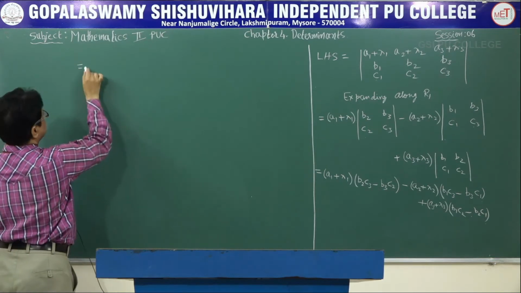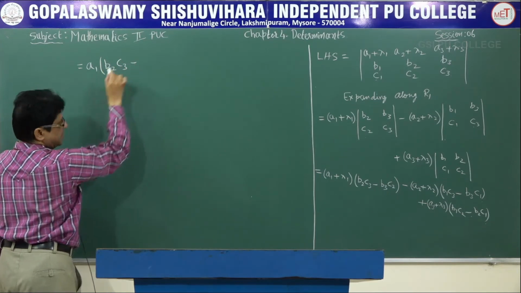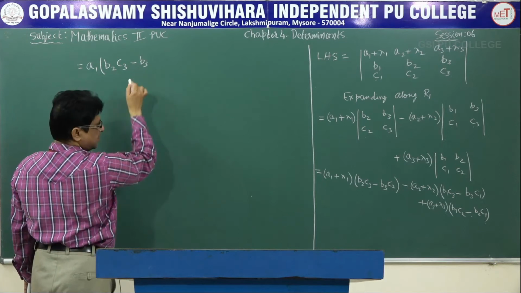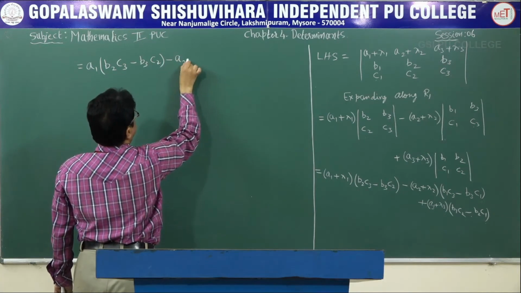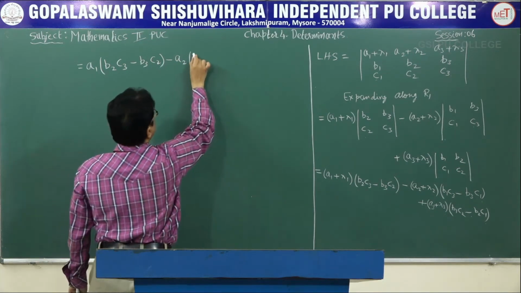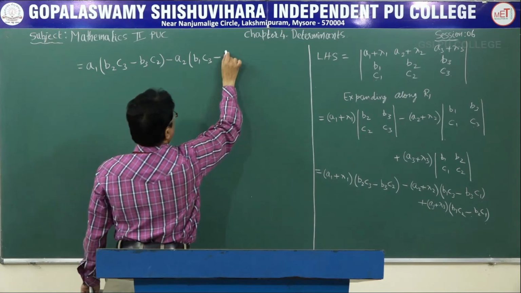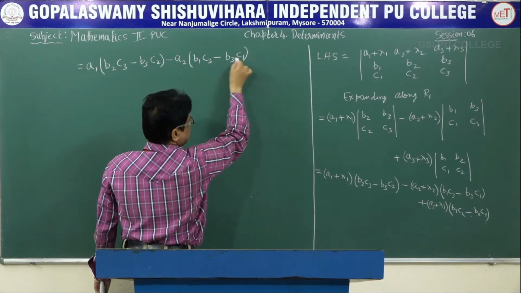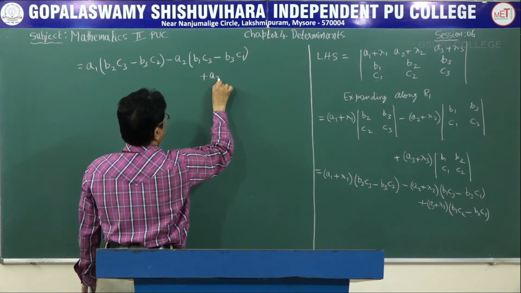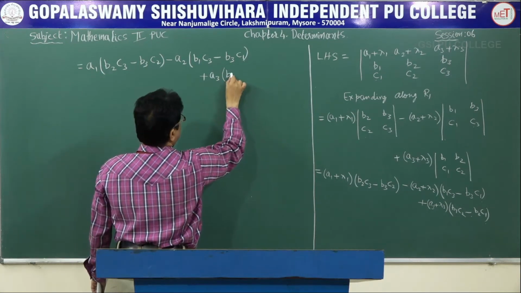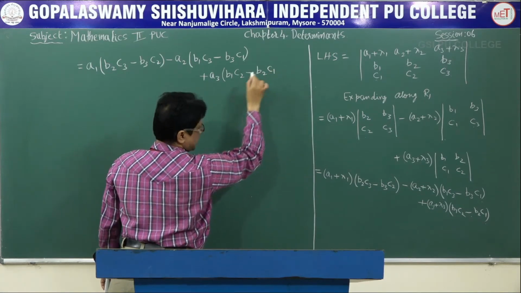So that will be equal to a1 into b2 c3 minus b3 c2, minus a2 into b1 c3 minus b3 c1, plus a3 into b1 c2 minus b2 c1.